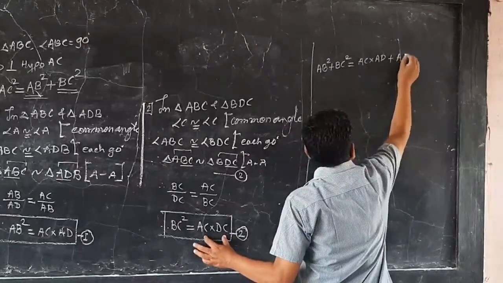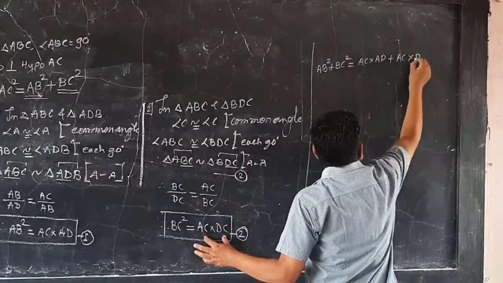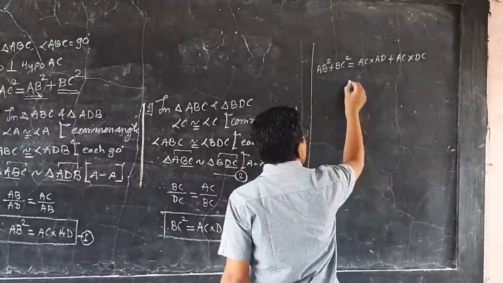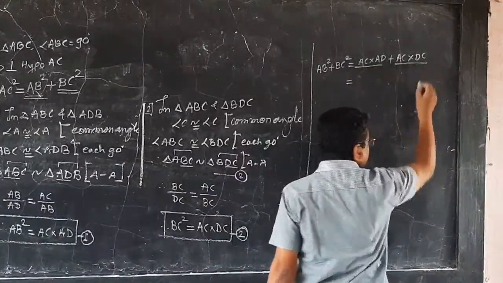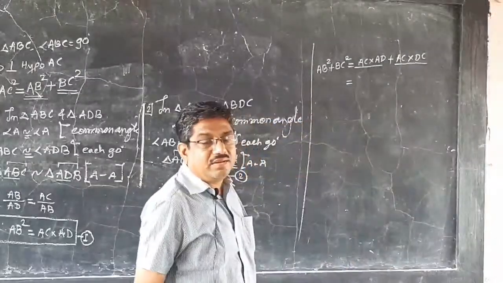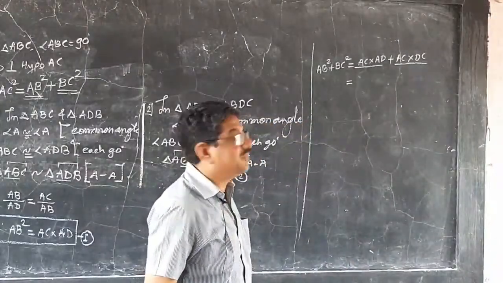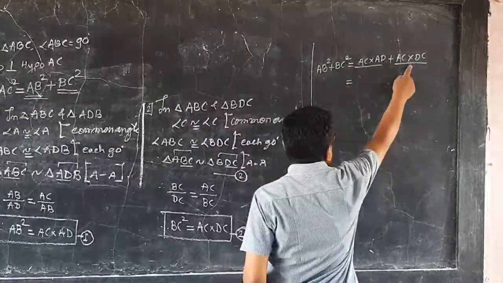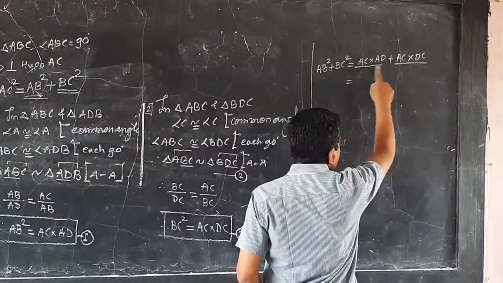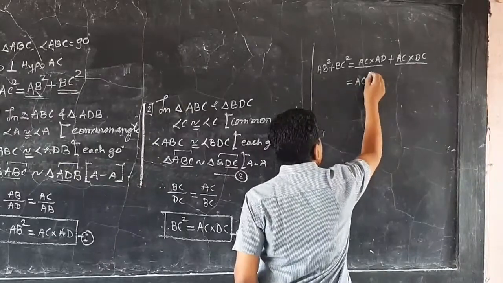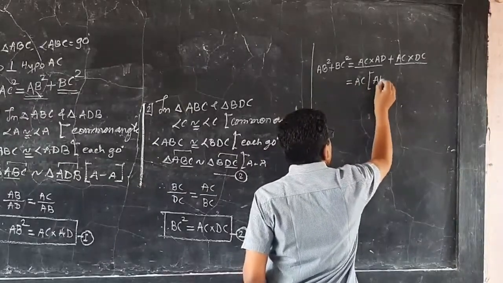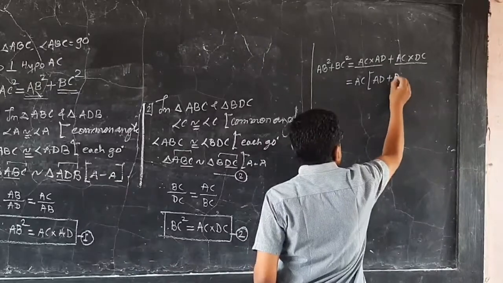AC multiplied by DC. Now, there is the addition of two multiplications. In both multiplications, which is common? Here AC, here AC. Then I take AC common. What will you get in the bracket? AD plus DC.